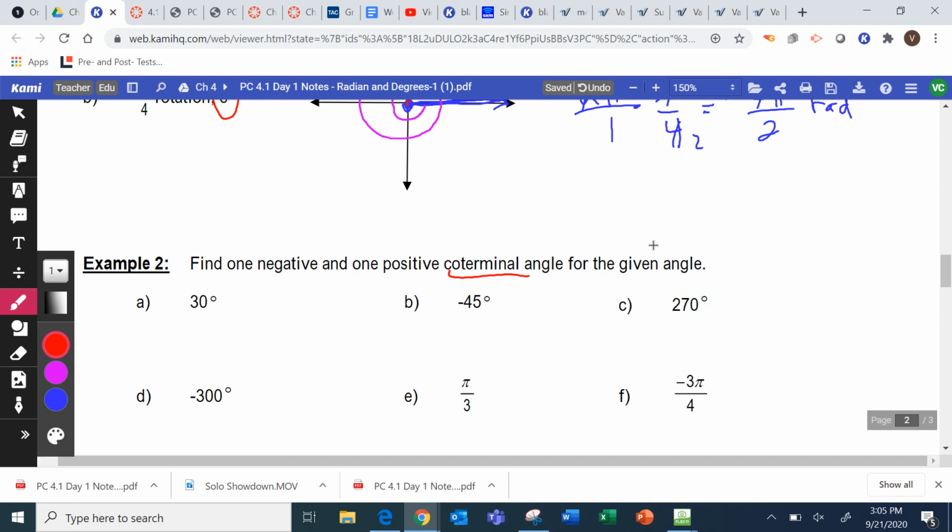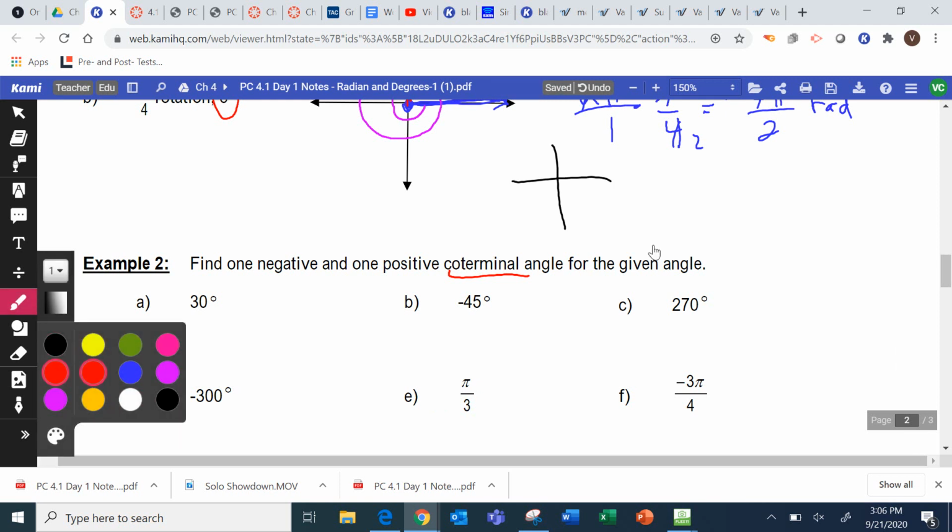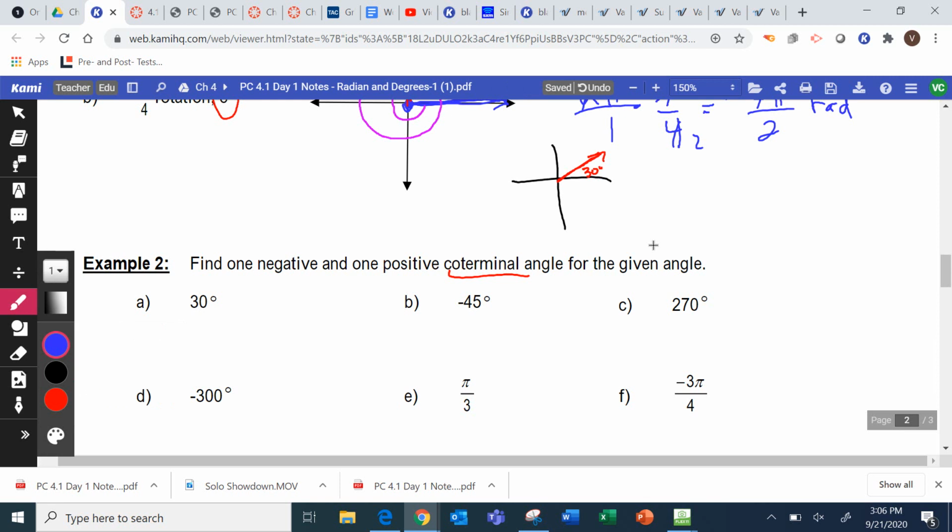It's really vocabulary. Coterminal means it shares the exact same terminal side. So here's the picture. The first one's 30 degrees. Instead of going positive 30, if I were going to go negative, I could get to that exact same terminal spot by going negative.